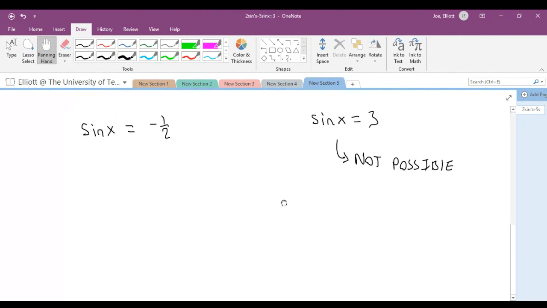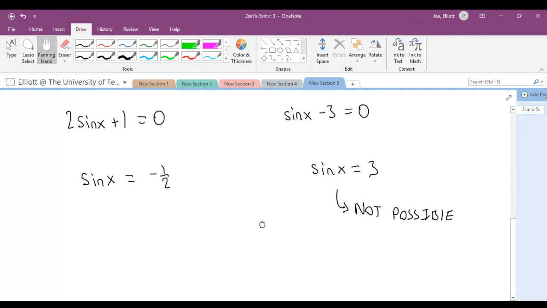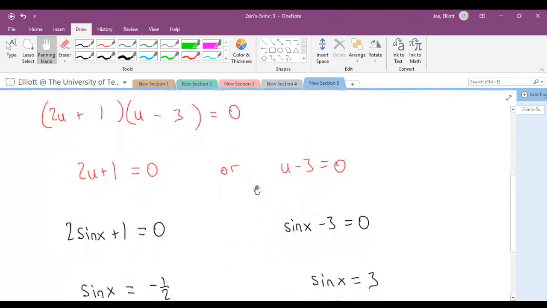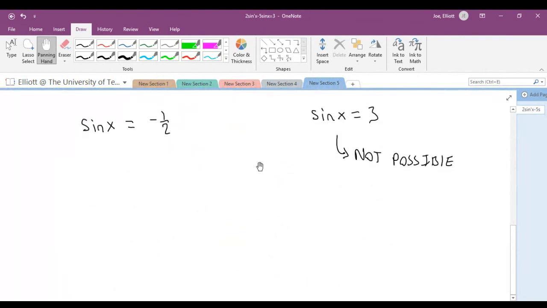So again, remember that the range of the sine function was between -1 and 1. So it could never get up to 3, okay? All right. So that's one thing that you would maybe want to be a little bit wary of when solving trig equations. Depending on the numbers in the problem, getting an equation that has no solution is possible, okay?